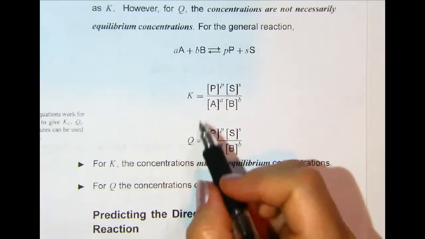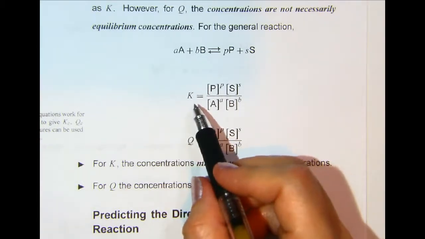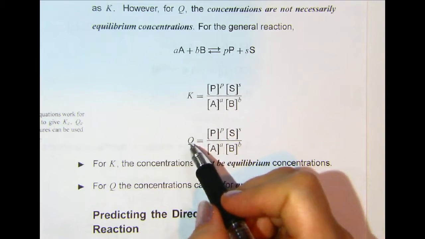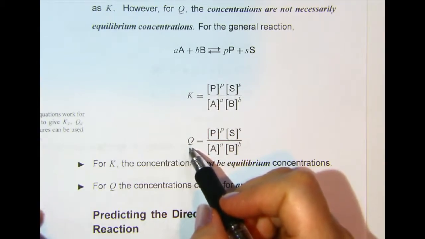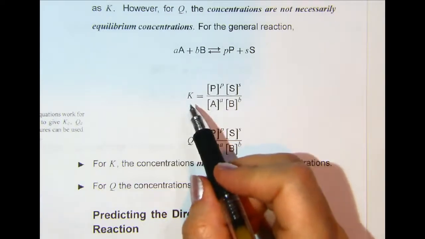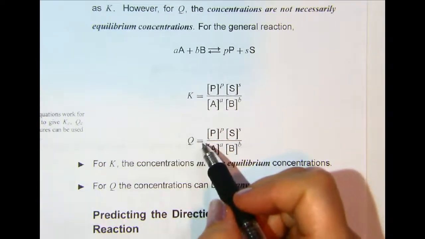All systems want to be in equilibrium. However, if they're not in equilibrium, they're going to shift in such a way to get to equilibrium. And so if we have a system that has a Q value not equal to K, then we can use the Q compared to what we know the K is to figure out which way this reaction is going to go.